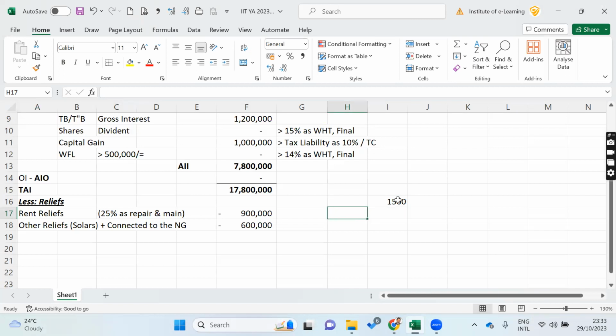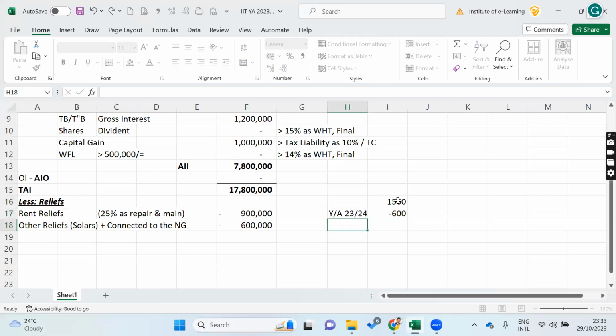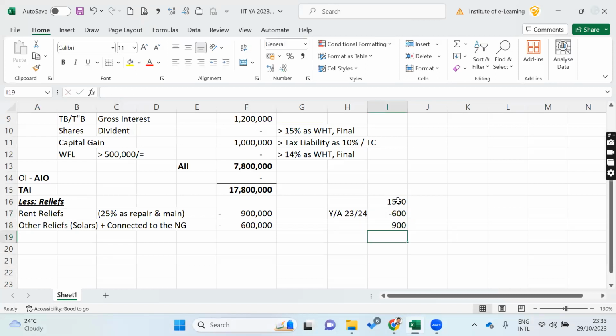For this year, 23, 24, you can take only 600. Balance, how much? 900. Then the subsequent year, 24, 25, you can claim another 600.